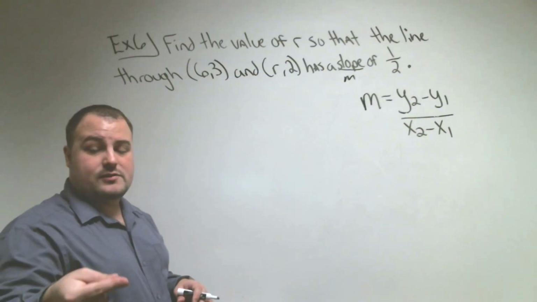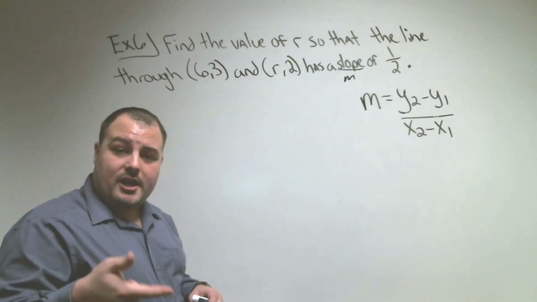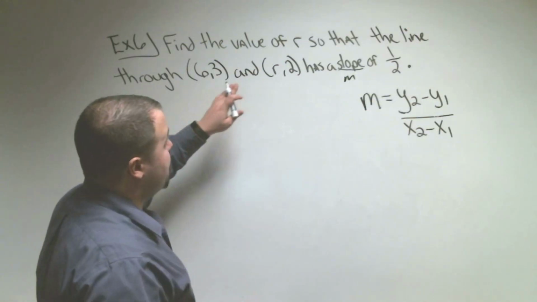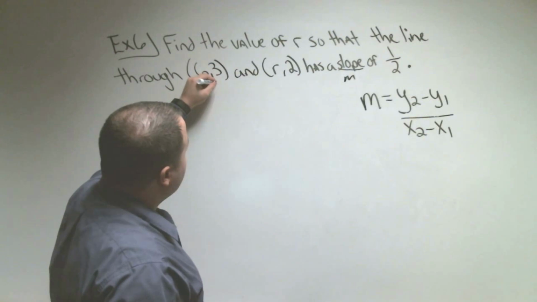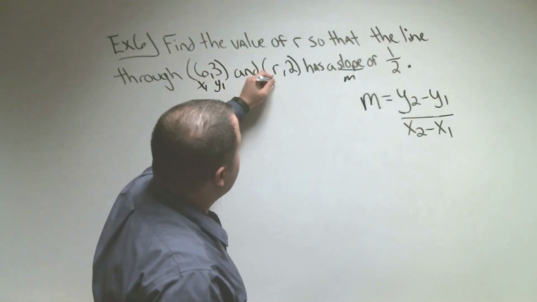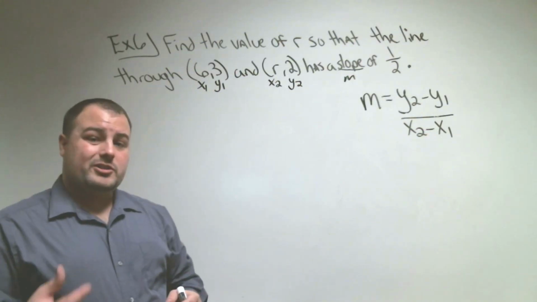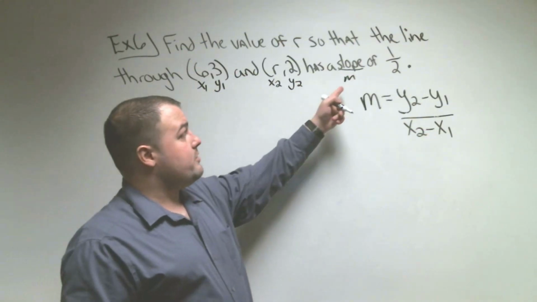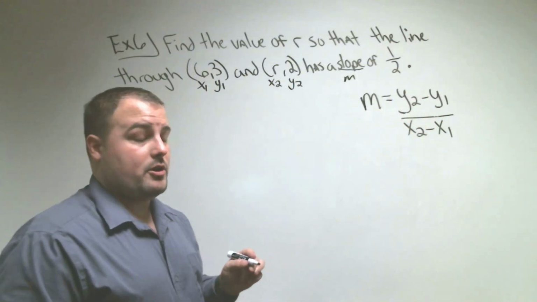We're going to go ahead and rewrite m equals y2 minus y1 over x2 minus x1. But we're going to replace the pieces they give us. This is our x1, this is our y1. This is our x2, this is our y2. So we're still given 2 points. We're also given the m. So we're given every piece of this. So that's what we're going to do.